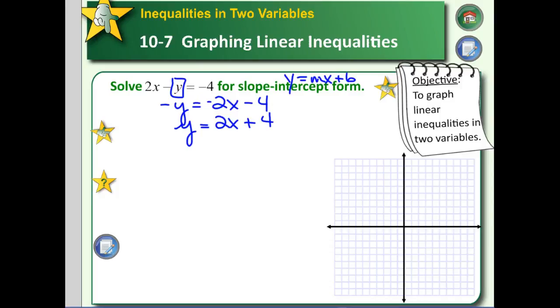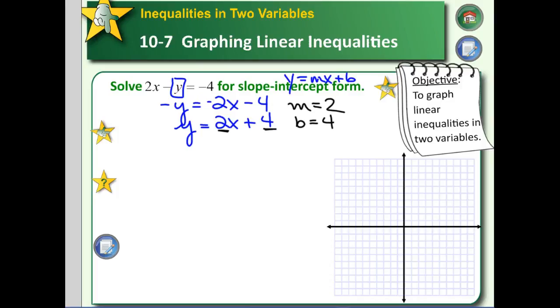Now, if you remember, when we graphed these back in chapter 7, if it's in slope-intercept form, whatever's in front of x is my slope. So m equals 2, and then the constant on the end is my y-intercept, and that is 4. So when we graph these, we would plot our y-intercept first.